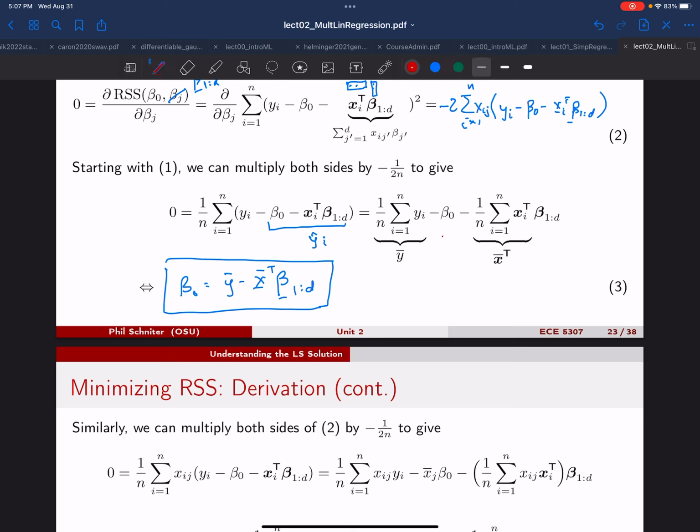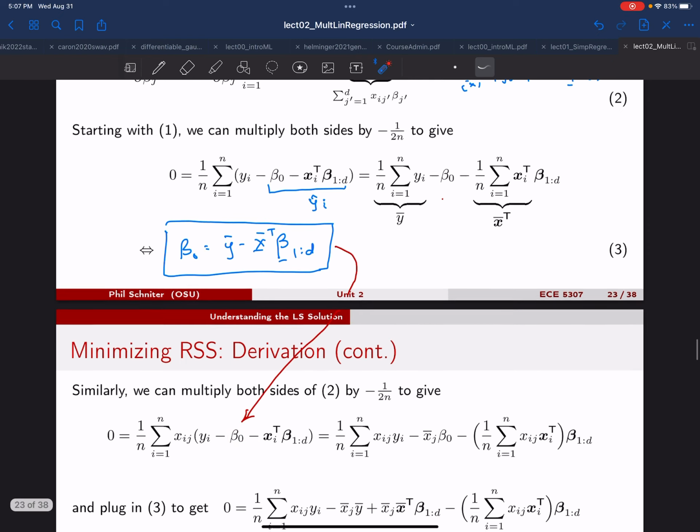I meant to draw that arrow. We're going to plug this into here. So this is what we have from above, and then we plug in our beta 0. Maybe not, not plugging it in quite yet.